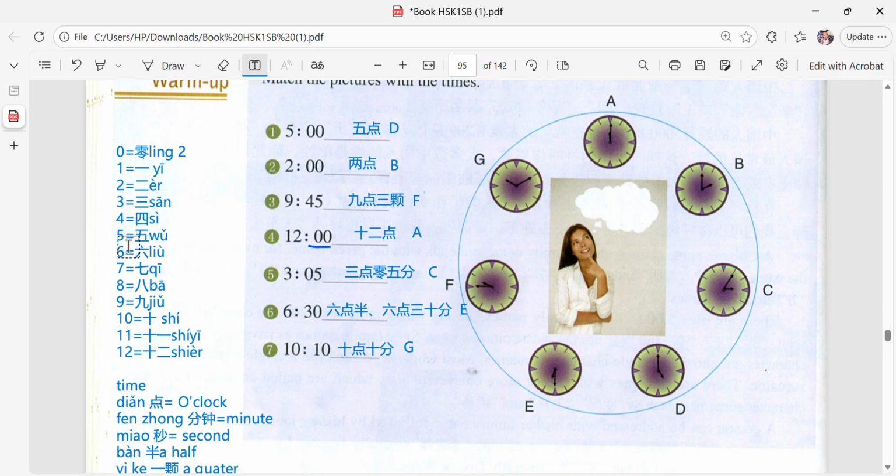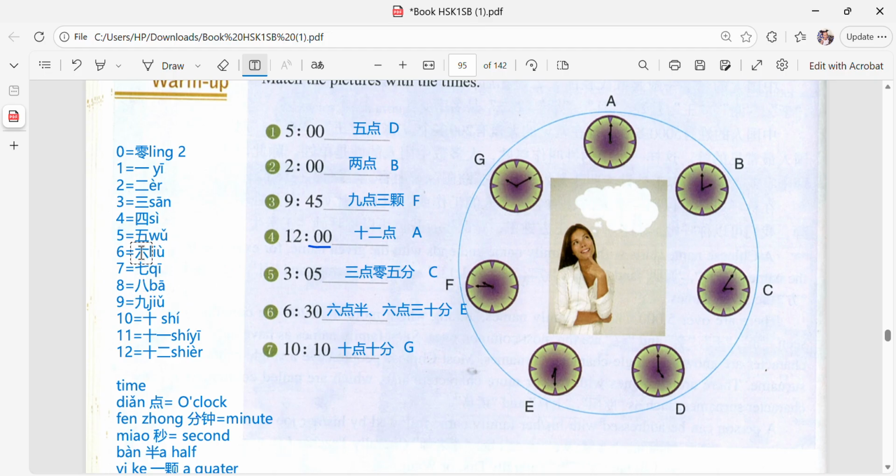Number 9, Jiu. So now let's repeat from 5 to 8. 5, 6, 7, 8. So we're going to repeat this 4 times. Let's go. 5, 6, 7, 8. Again. 2 more times.